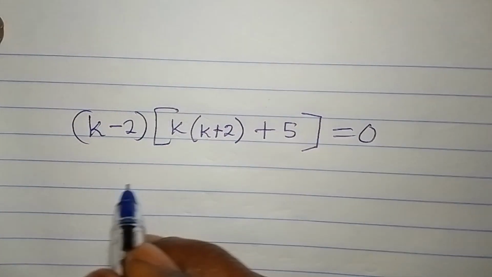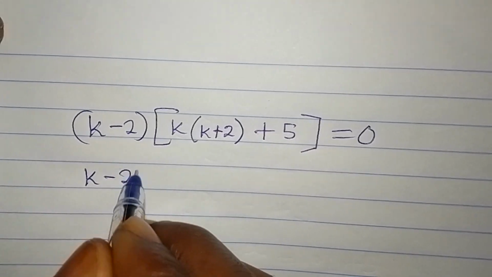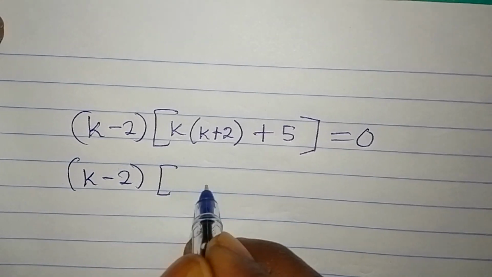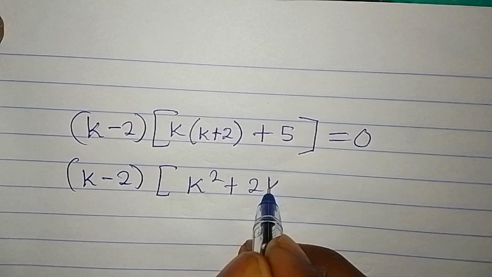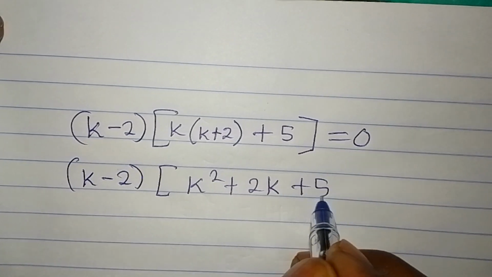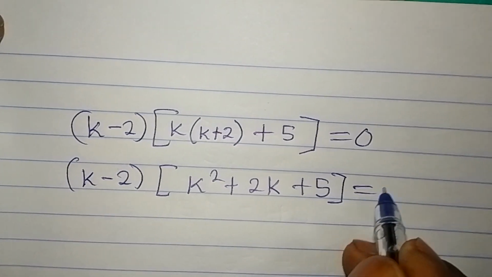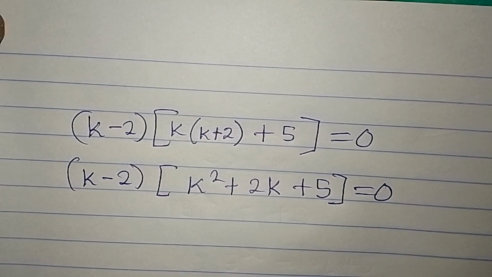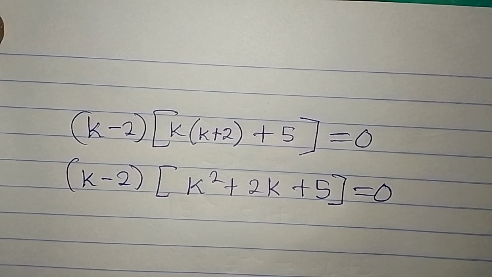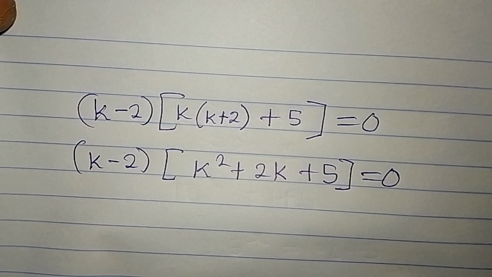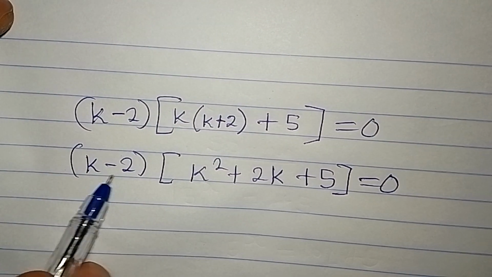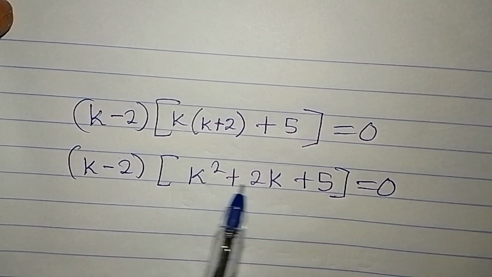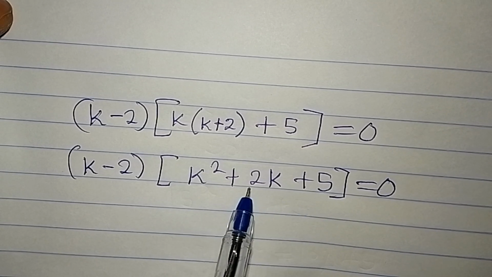So from here we have k minus 2 into k squared plus 2k, then plus 5 equals 0. Now that we have two terms to multiply to get 0, it means that either this is equal to 0 or this one here is equal to 0.